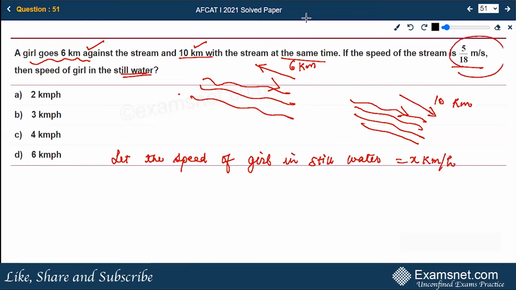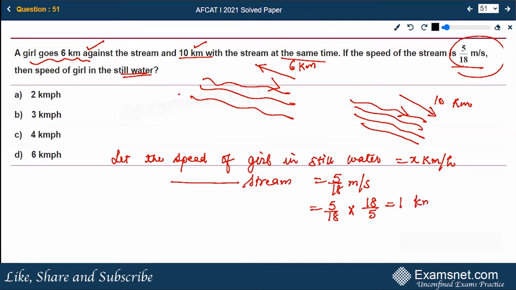Then you are given the speed of the stream is 5 by 18 meter per second. To convert meter per second into kilometer per hour, you multiply it by 18 by 5. So this will be 1 kilometer per hour. Here I'm doing the conversion of the units because units are in kilometers everywhere.